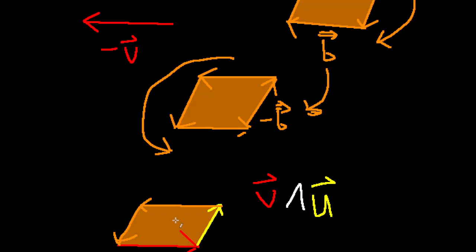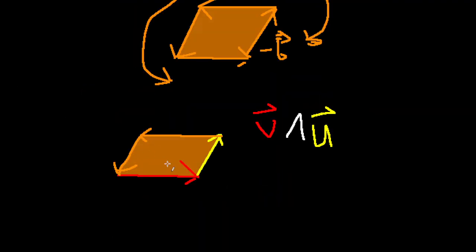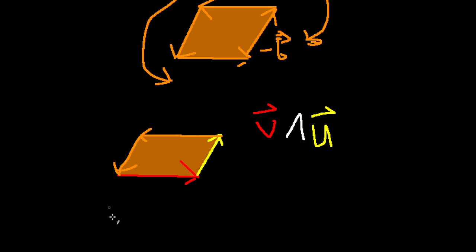But if you look here, this bivector right here is actually the same as minus B because it has the counterclockwise rotation.